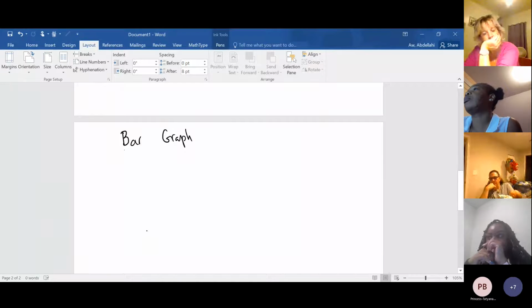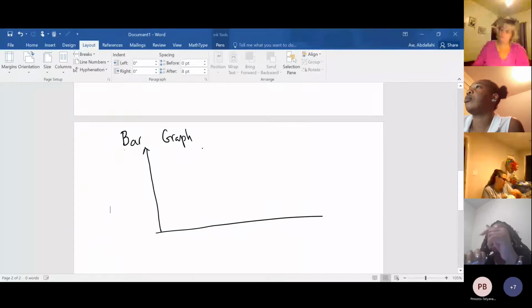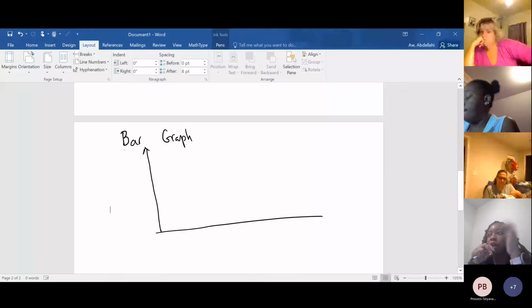Basically, we're going to do two axes, this one and this one. Keep in mind, since the data is only qualitative, it is categorical data, we don't expect numbers on this axis.